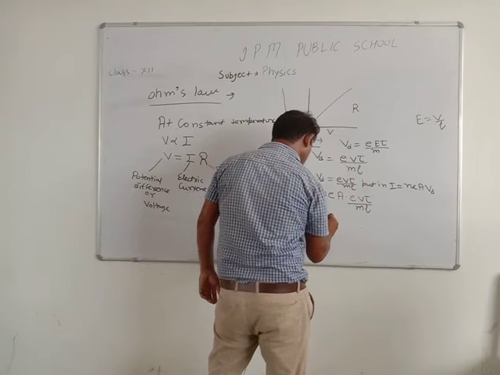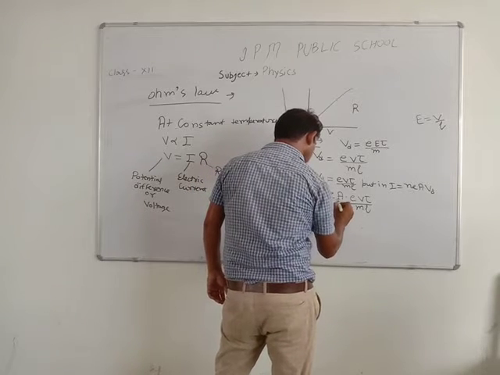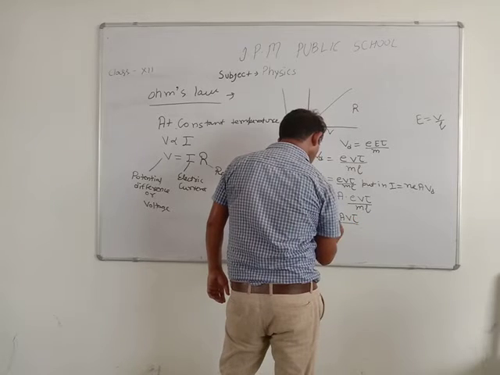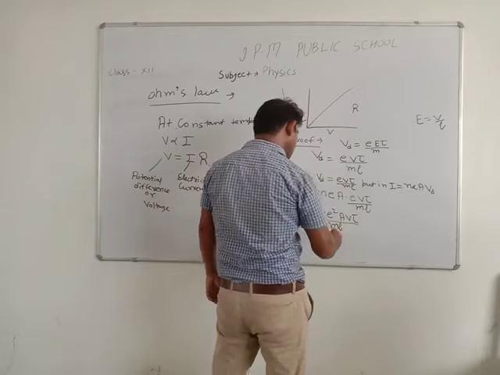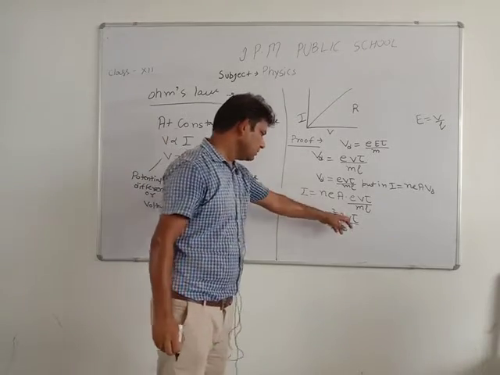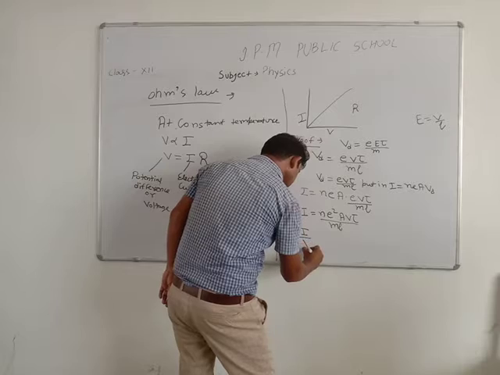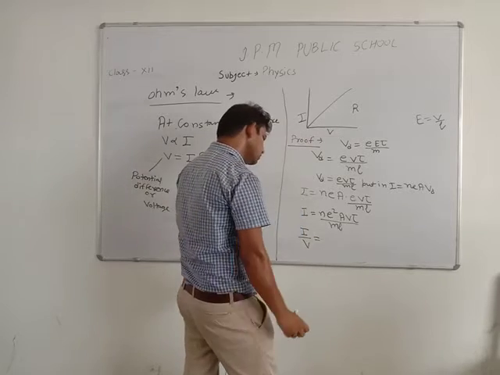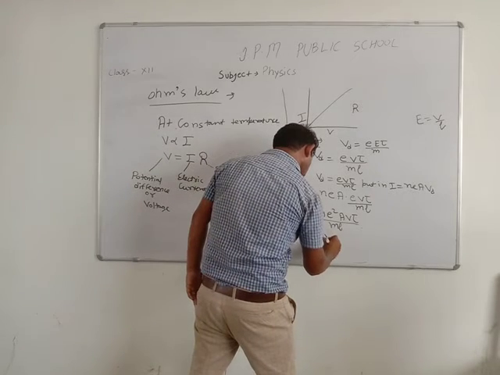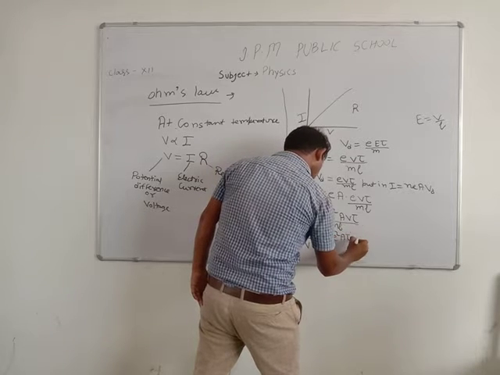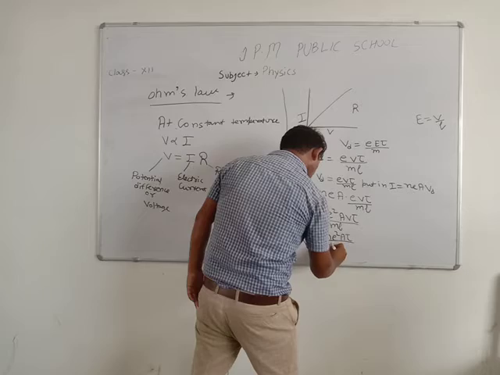I equal to n e square A V tau upon mL. Then V comes to this side. Then I upon V equal to n e square A tau upon mL.